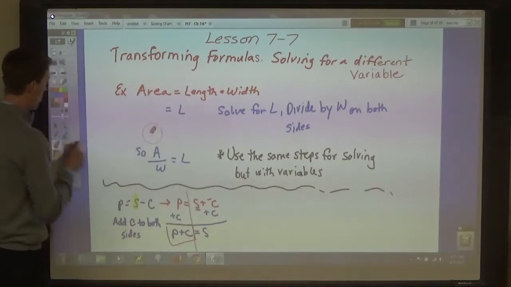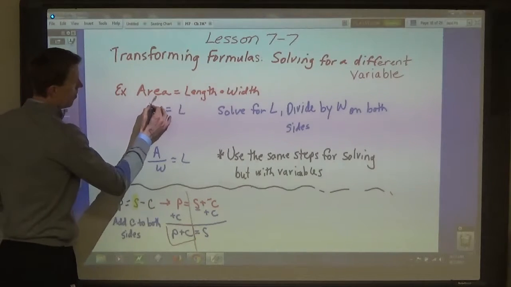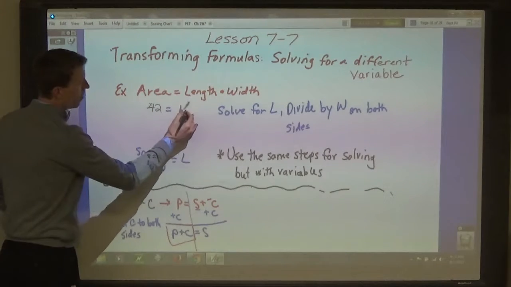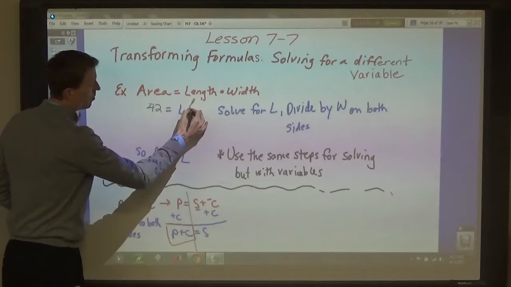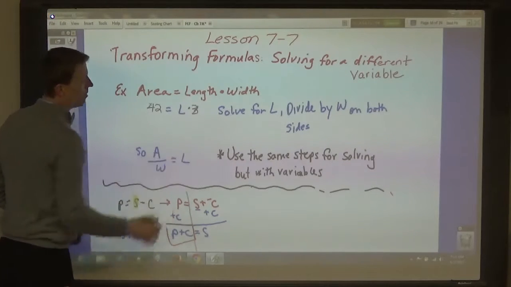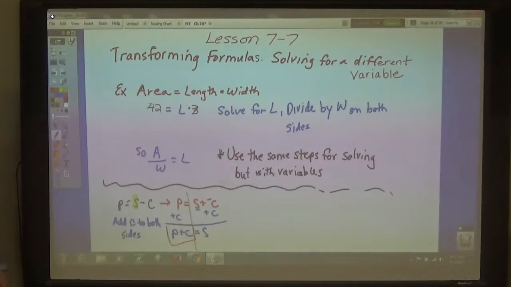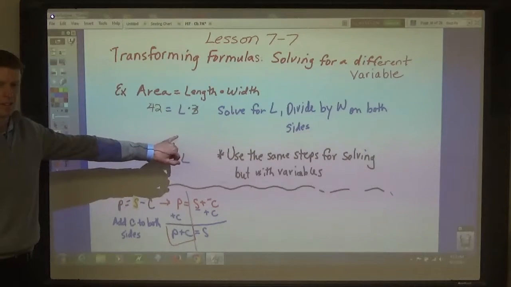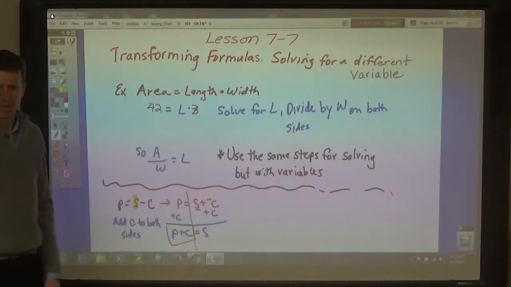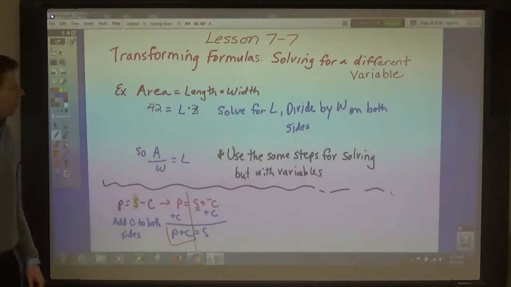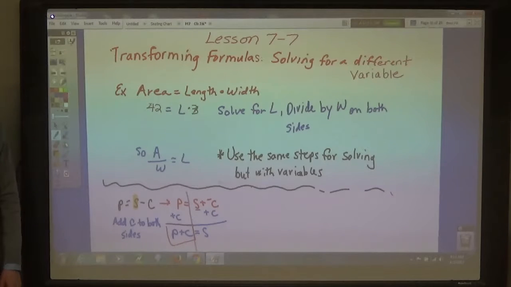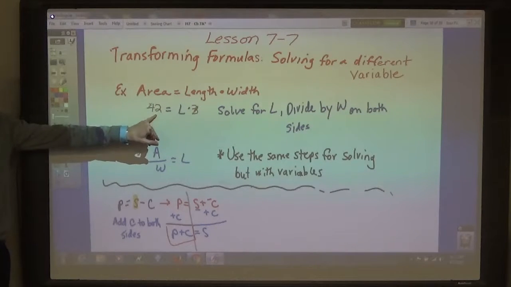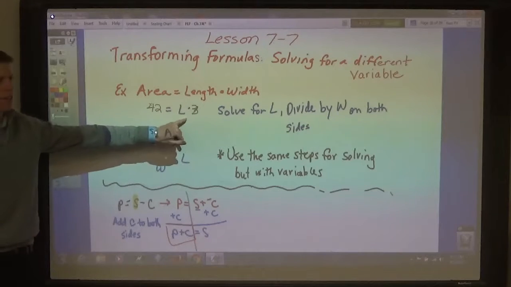So if this was 42 equals L times 3, how would we solve it for L? Brett? Well, since you're multiplying, it would be 3L equals 42. So how would we solve it for L then, Daria?